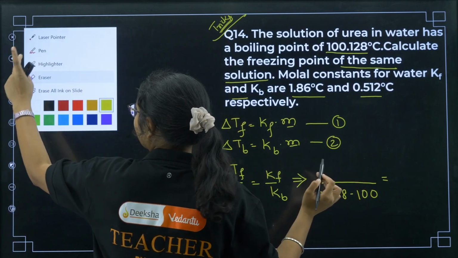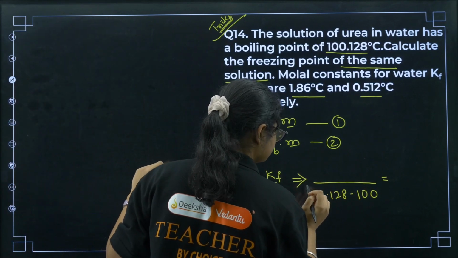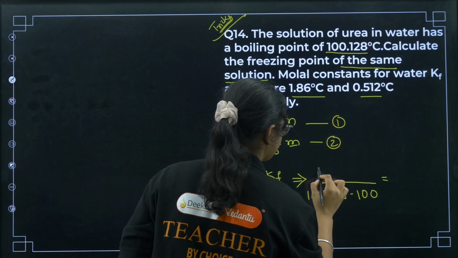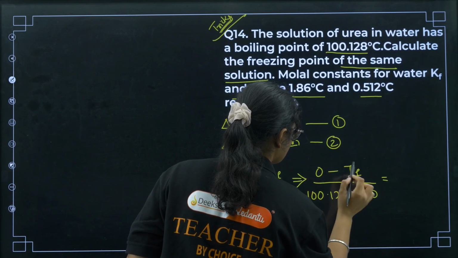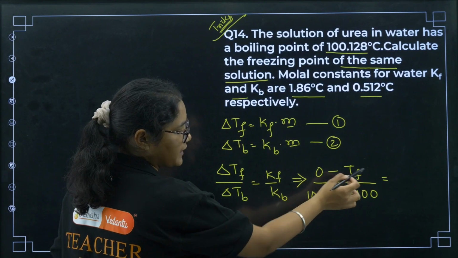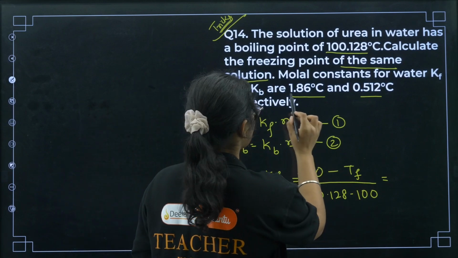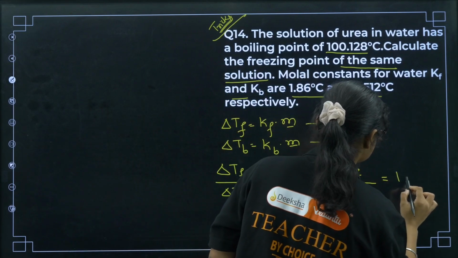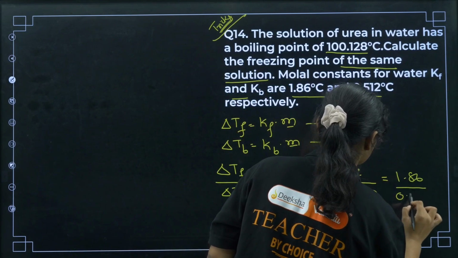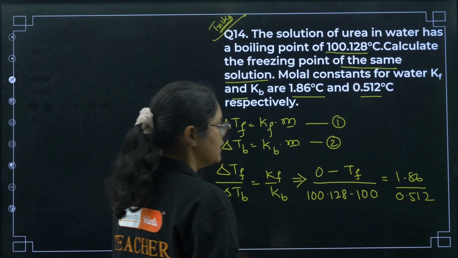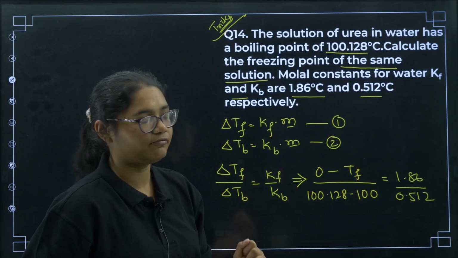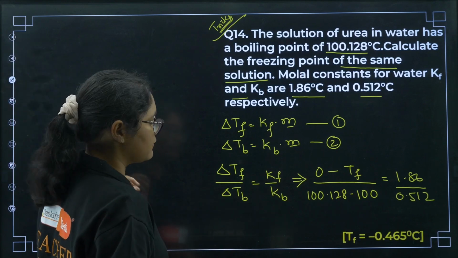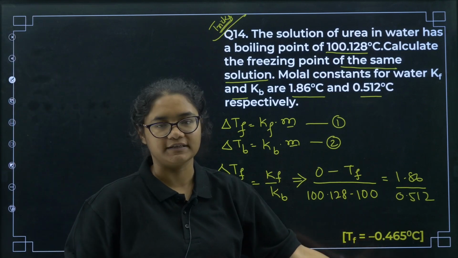We know the freezing point of water is 0, given in centigrade. What is Kf value? 1.86 and this is 0.512. Now you can just solve this equation and find the value of Tf, and Tf value will be minus 0.465.